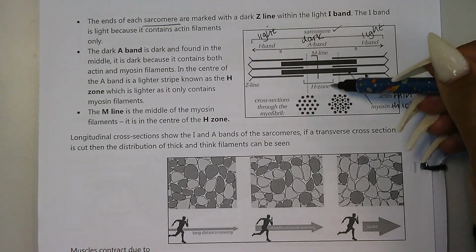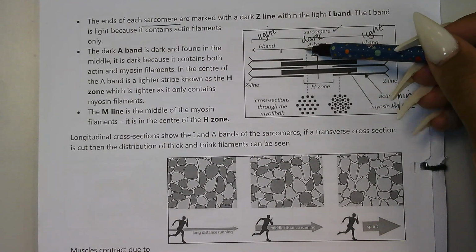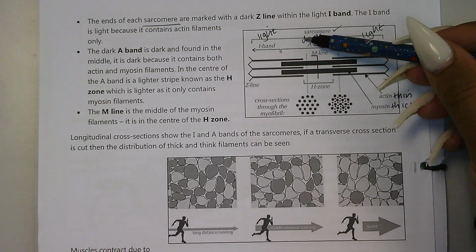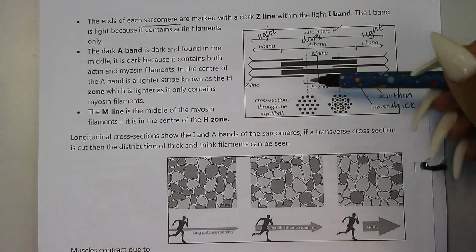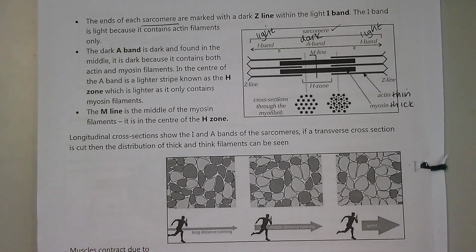Okay. If we were to take this sarcomere and look at it as a cross section, and what a cross section means is we have the sarcomere like this, we cut it and then we look down it. That's a cross section.